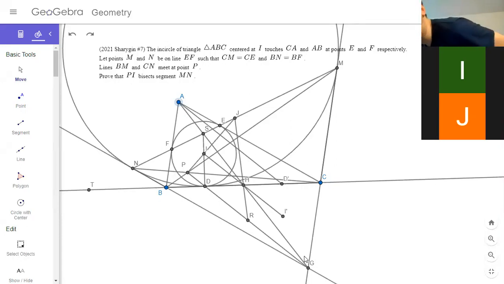All right, redefine J as the midpoint of MN. Okay, we want to show PI and J are collinear. All right, and then we'll see.